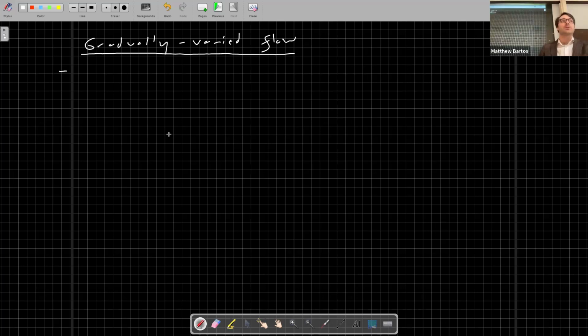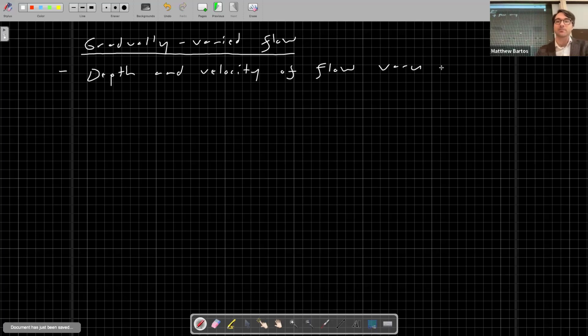So gradually varied flow is a more relaxed case in which the depth and velocity of flow are allowed to vary along the length of the channel. So for gradually varied flow, depth and velocity of flow vary along the length of the channel.